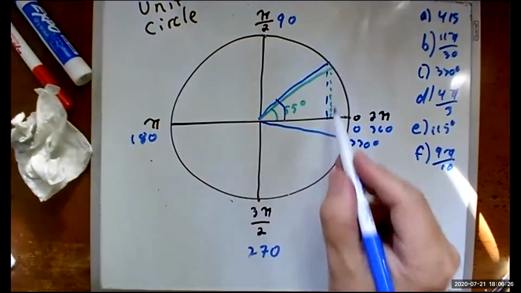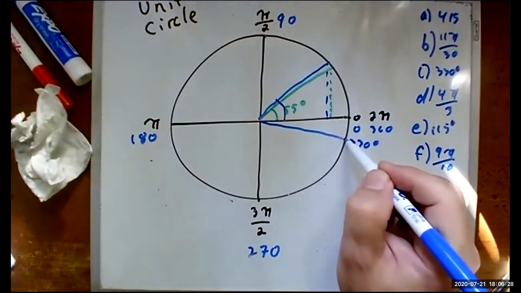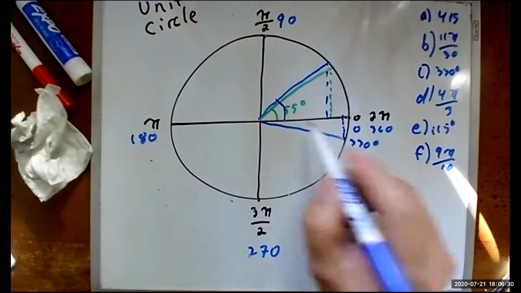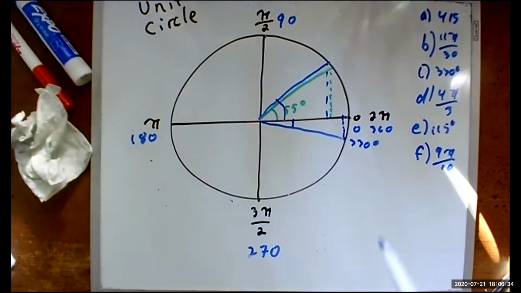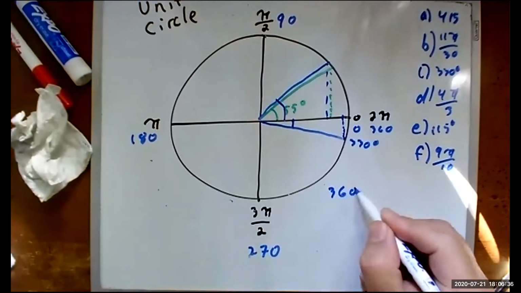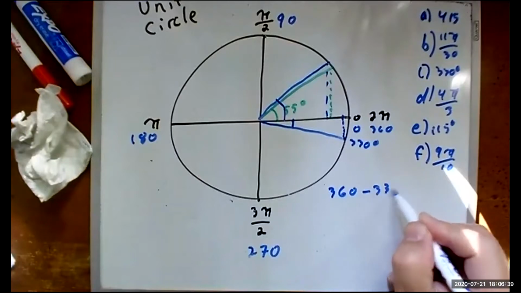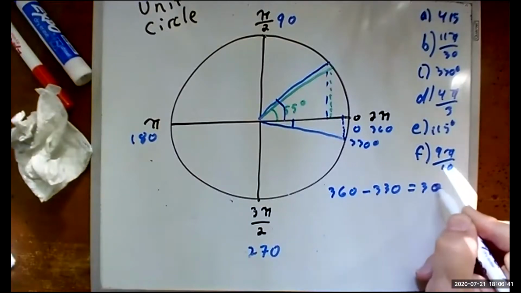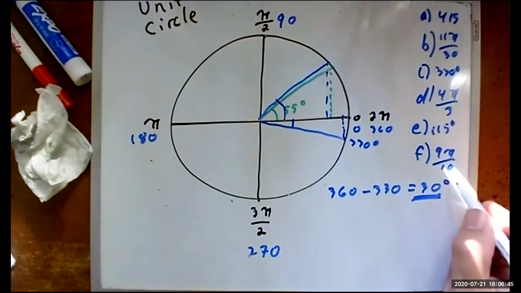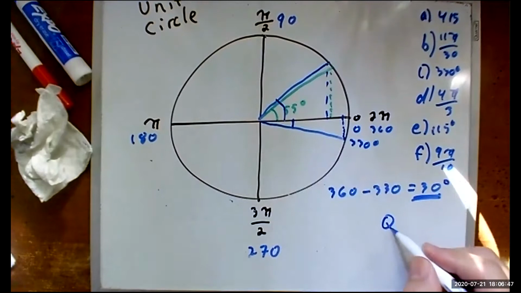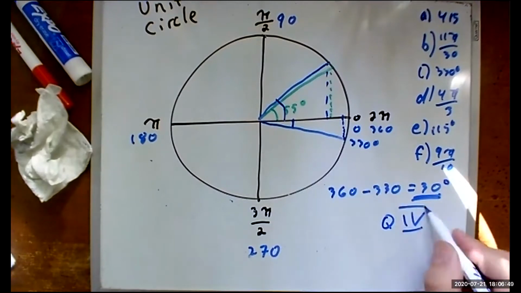Our reference angle has to go with this. Okay, so we're looking to come back up to the 8 here, which means we're ultimately looking for that. How do we find that? 360 minus 330 is 30, so our reference angle is 30. And we're in the 4th quadrant.